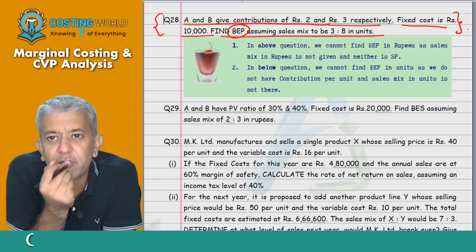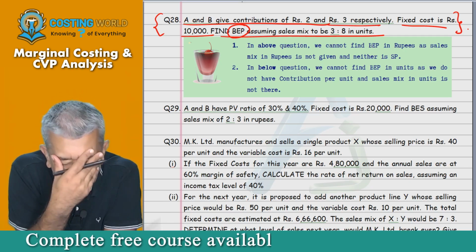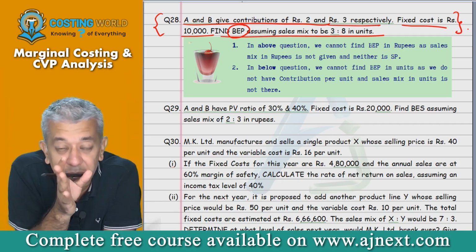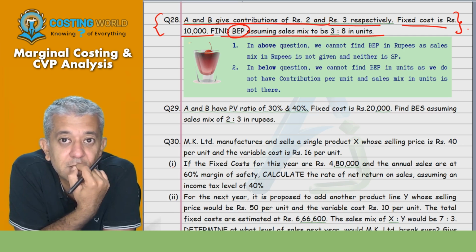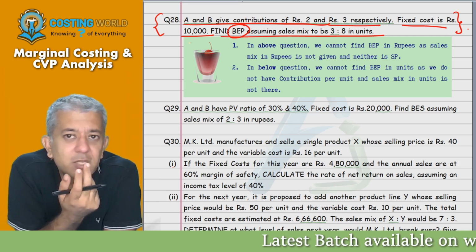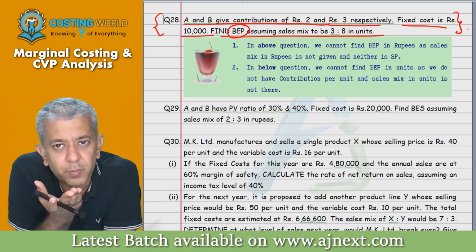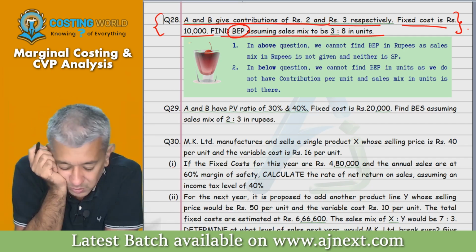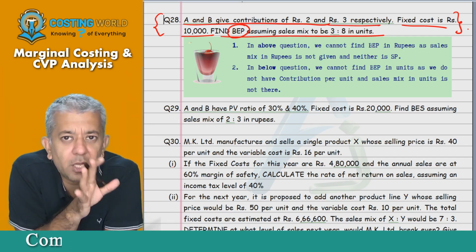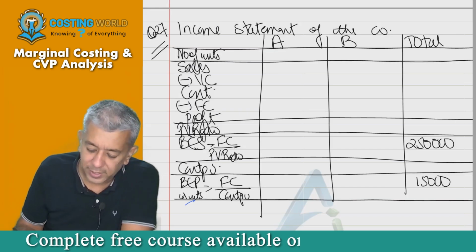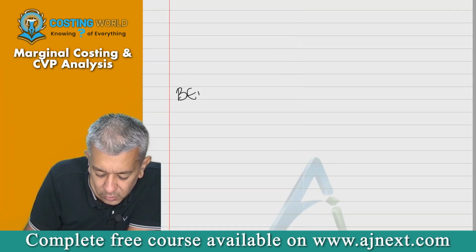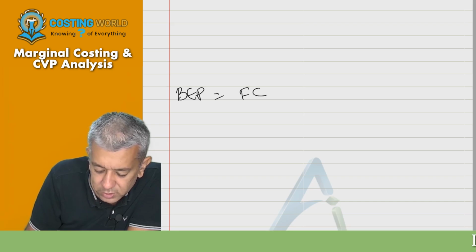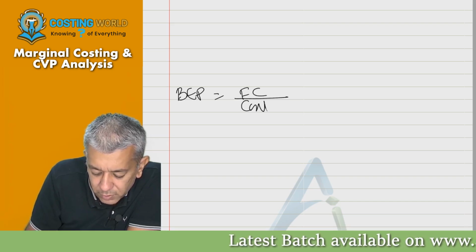Units, because for finding out break-even point in rupees, you don't have the PV ratio, neither do you have the selling prices. Did you all understand this? Yes, sir. So that is not possible. We can only find out break-even point in units over here. So break-even point in units is fixed cost divided by contribution per unit.